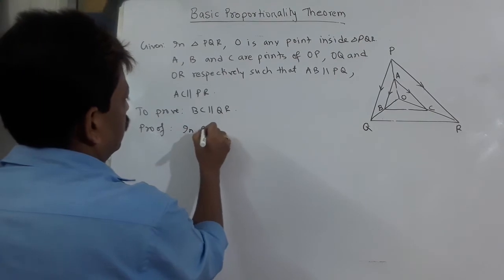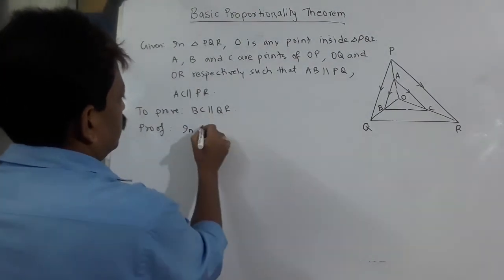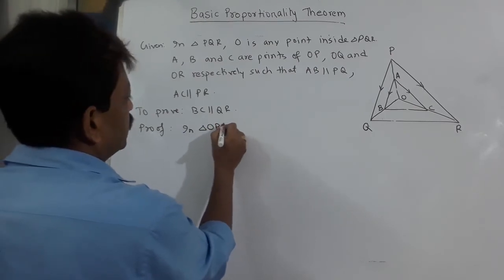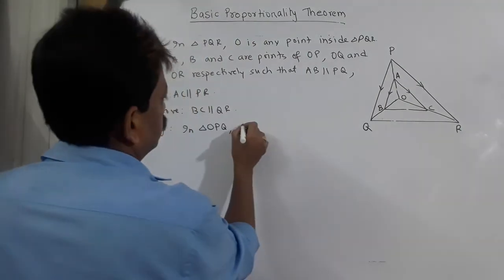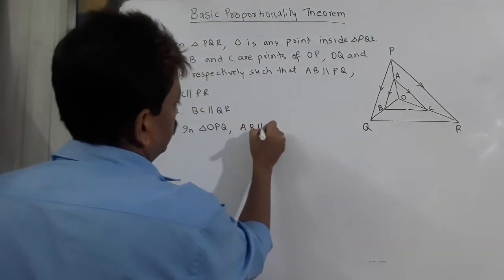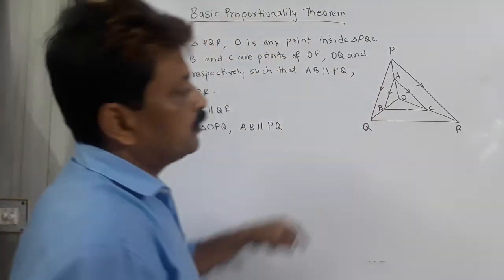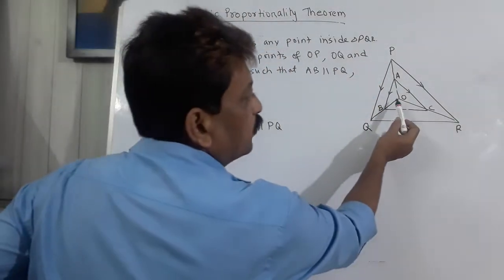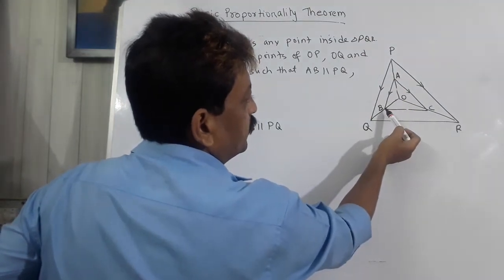In triangle OPQ, it is given that AB is parallel to PQ. So using Thales theorem, we can write OA upon AP is equal to OB upon BQ.